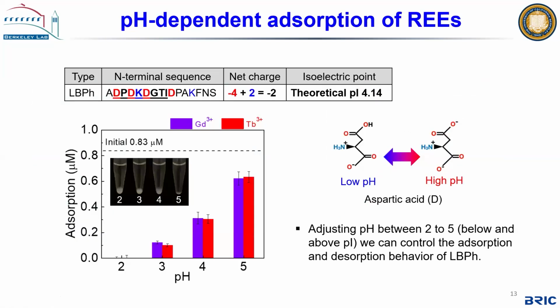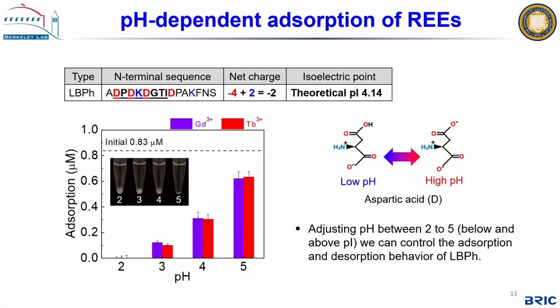And we could also control the binding and releasing of the lanthanide ions through pH modulation. Owing to the charge change of the amino acids, like D and K, by decreasing the pH, we can control the amount of charge on the surface.